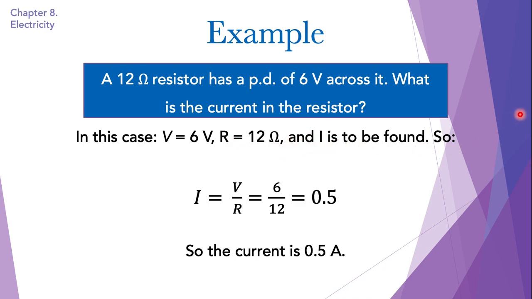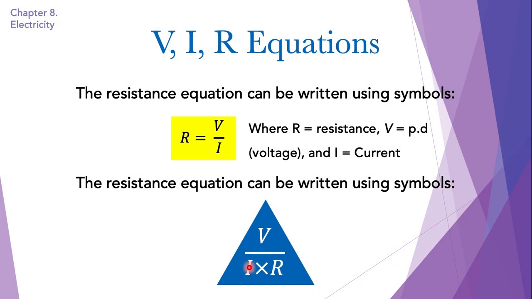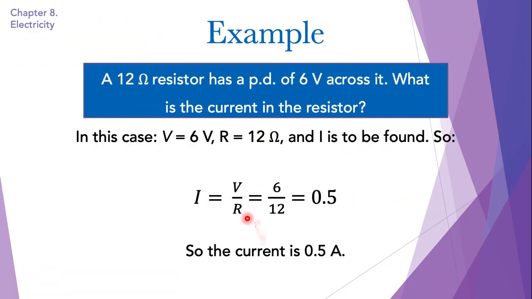So we rearrange the equation using this triangle. We want to find the I, so we hide the I, and what we get is V divided by R. So we divide 6 by 12, and we get 0.5. The current is 0.5 amperes. It's just as simple as it looks if we remember this equation.